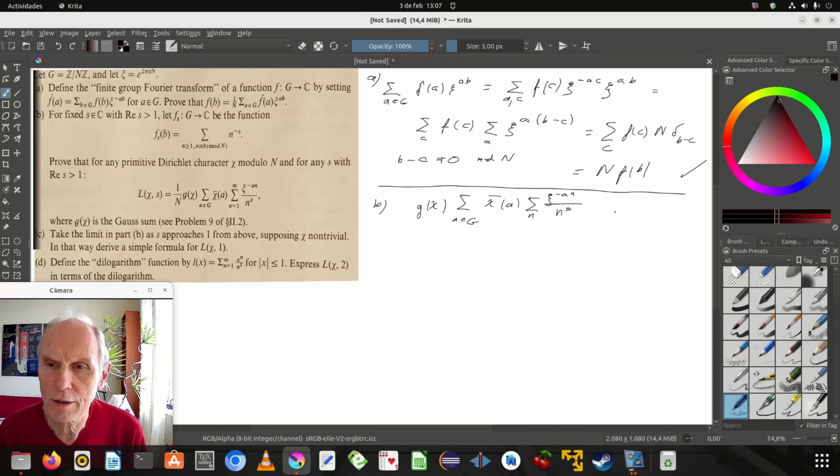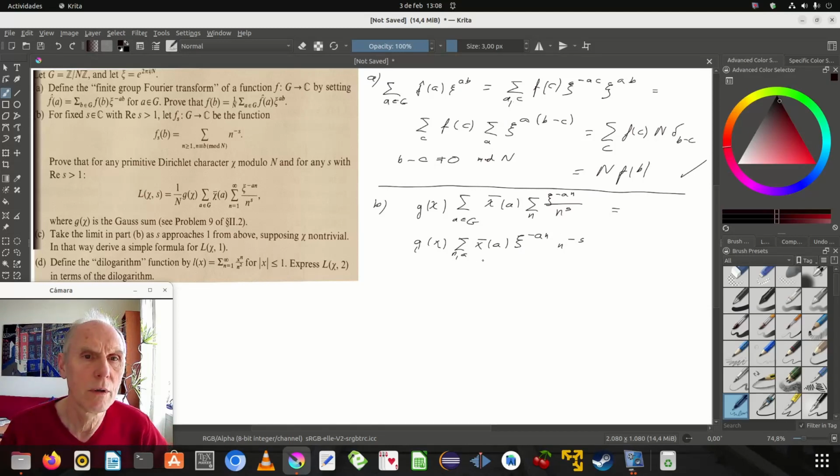So we can do that. This actually begins to look like the Fourier transform we had up here. So they are actually connected.